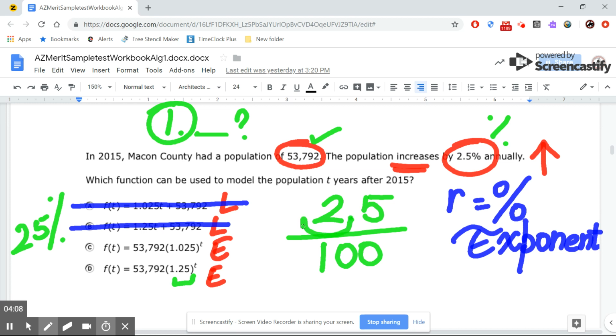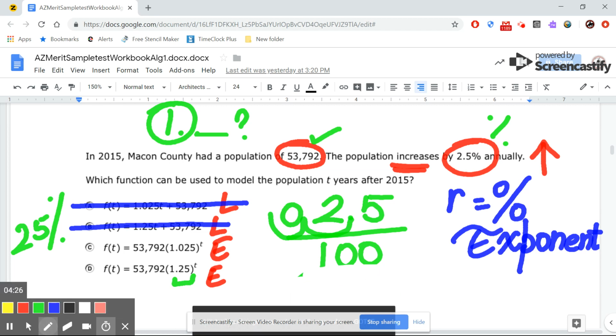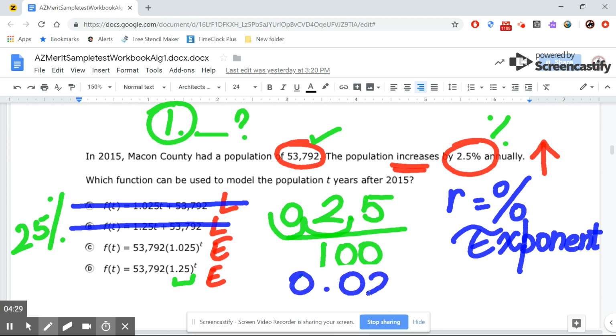So the decimal moves left two places, 1, 2, and where I don't have a number, I put a 0. So my rate by which it is increasing is going to be, sorry, I made a mistake here, I'll erase that. It's going to be 0.025. Now always remember, because it's a growth question, it's going to be 1.025, which was my number here.